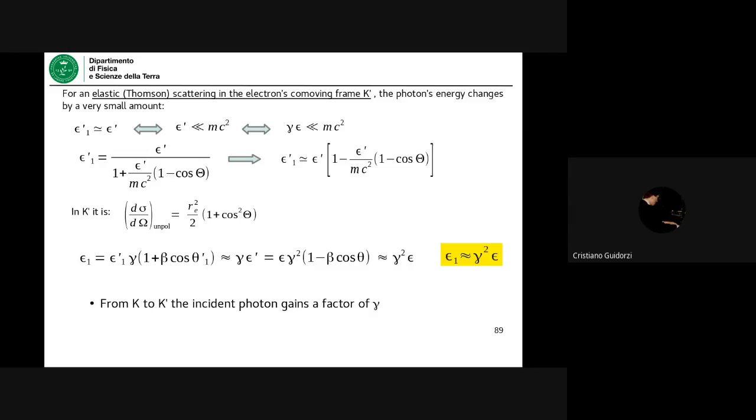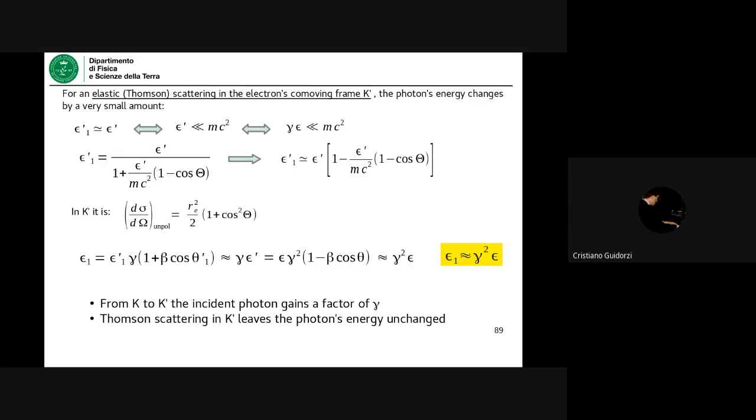So let's summarize the key points of all this discussion. We started from the lab frame, and when you calculate the photon's energy moving from the lab frame to the comoving frame of the electron, the energy increases by a factor of gamma.